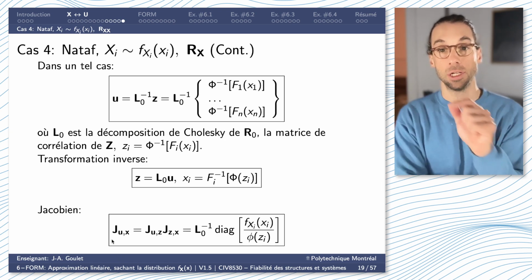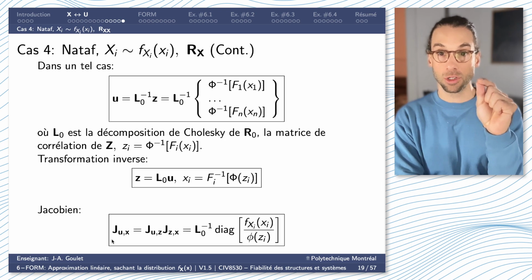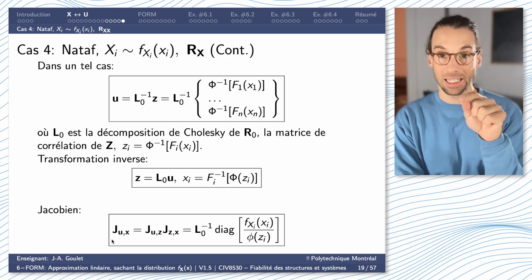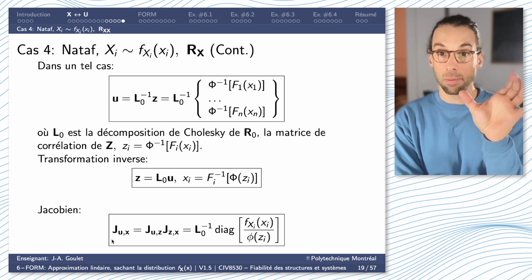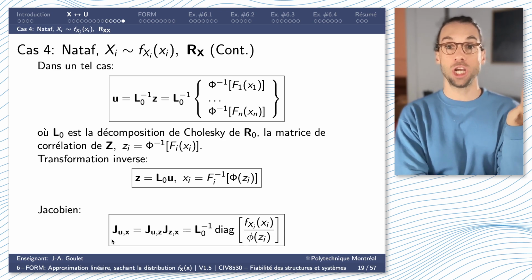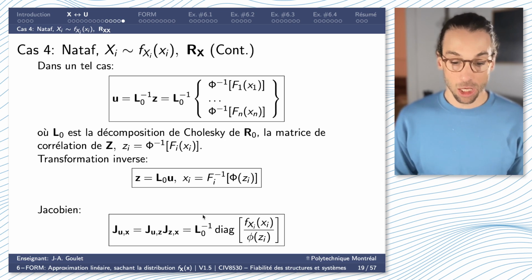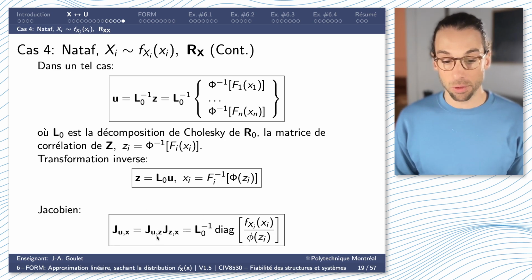And the Jacobian to go directly is the partial derivative of ui with respect to xi. So that compound Jacobian is obtained from the chain rule of derivation. So it's going to be the partial derivative of ui with respect to zi, times zi with respect to xi. The Jacobian from u to z is simply that L0, the inverse of that Cholesky decomposition, what we have here.